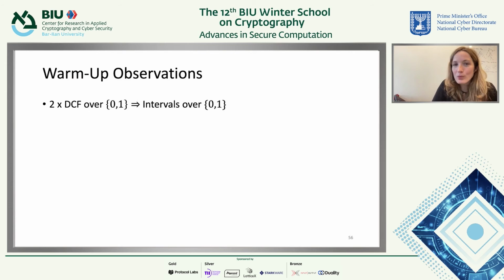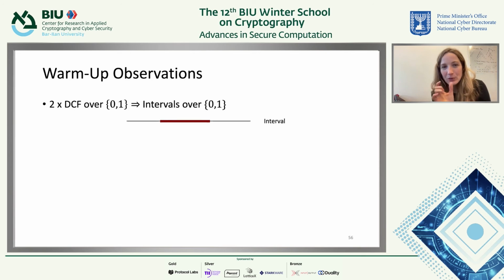Let me start with a couple of warm-up observations. First of all, a useful use of DCFs is that if you take two of them, you can get arbitrary intervals over {0,1}. I mean that the output value is either 0 or 1, but the domain is not changing. The domain is {0,1}^n. Let me show this by picture.